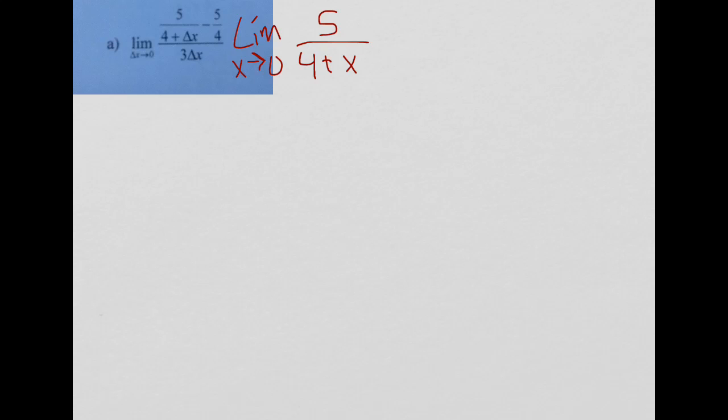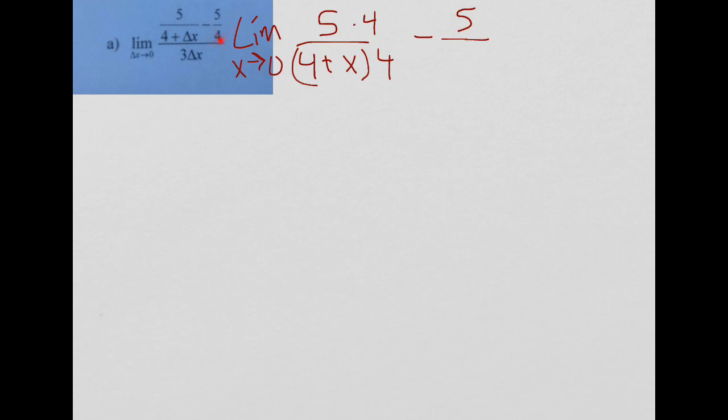So what I was saying is I need to find a common denominator. So what I'm going to do is multiply this piece by 4 over 4. That comes from this 4. And then I get minus 5 over, in my common denominator piece here, I need to use that. So I need to multiply by that over that.